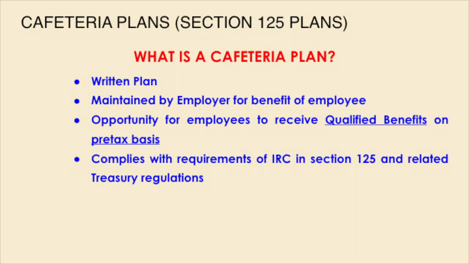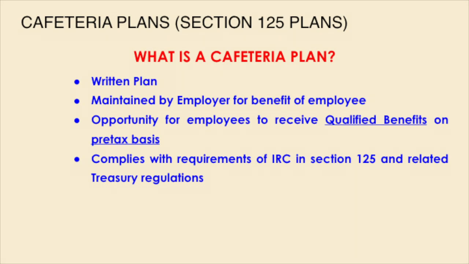Under this plan, some employers offer their employees a choice between taxable cash pay or qualified non-taxable benefits. The employees can participate in this plan and authorize the employer to deduct certain withholdings from their pay on a pre-tax basis.